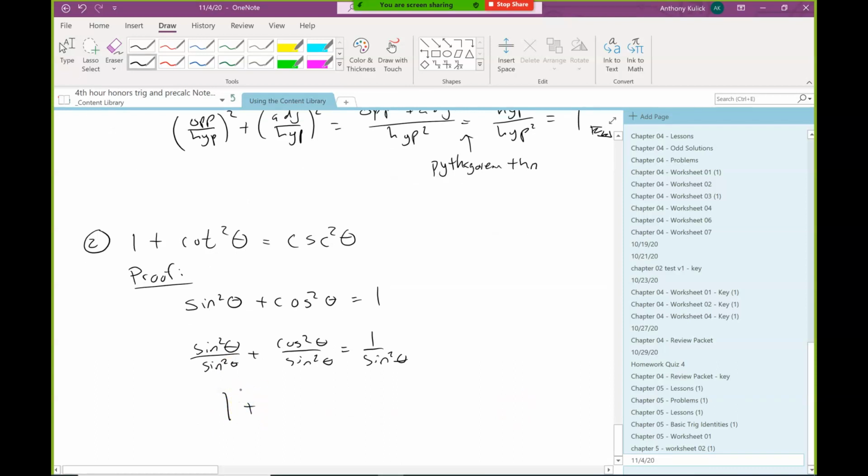Similarly, 1 over sine is one of our reciprocal identities, that's cosecant, so 1 over sine squared must be cosecant squared. Done.